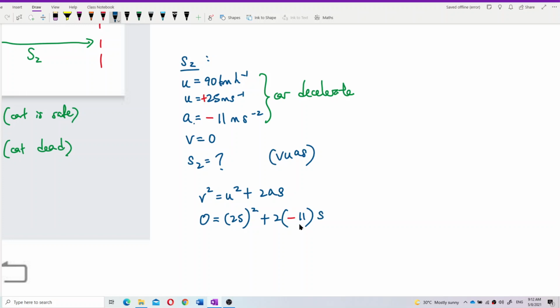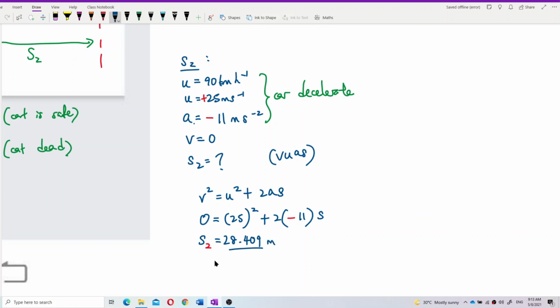So what is the answer for this one? This is S2. Hold on a second. Okay, let's find out the answer. I calculated that S2 is 28.409 meter.